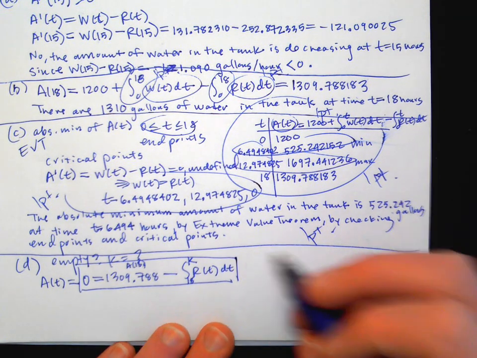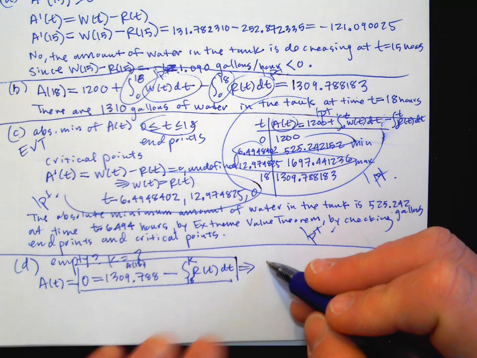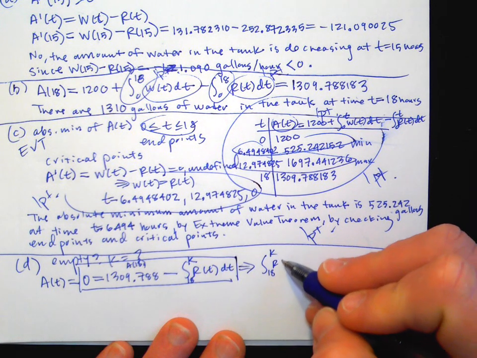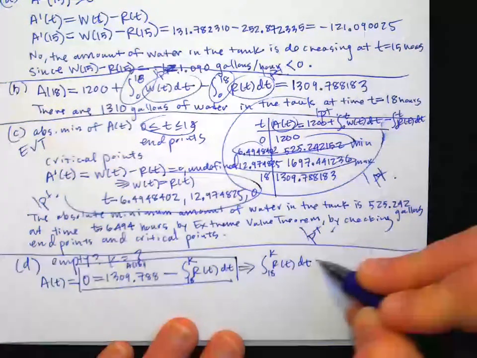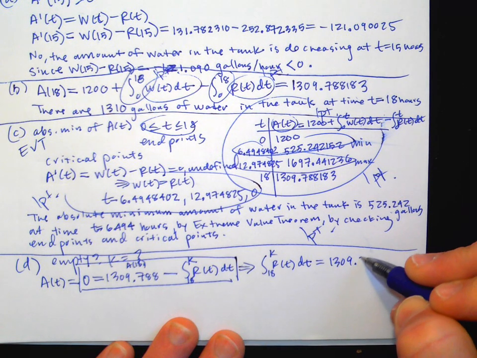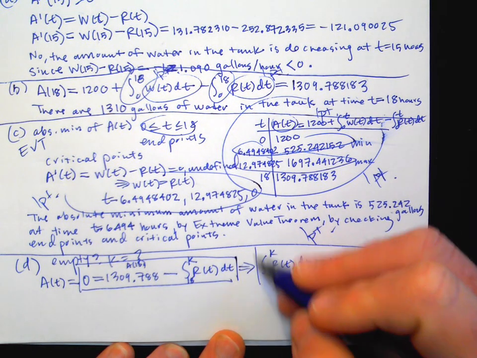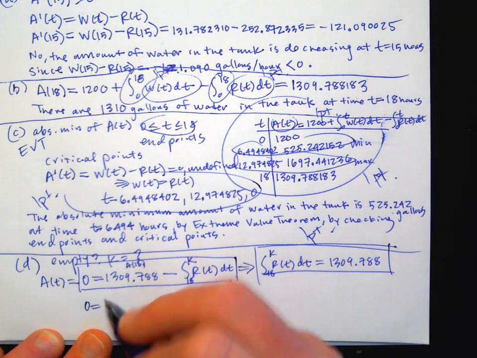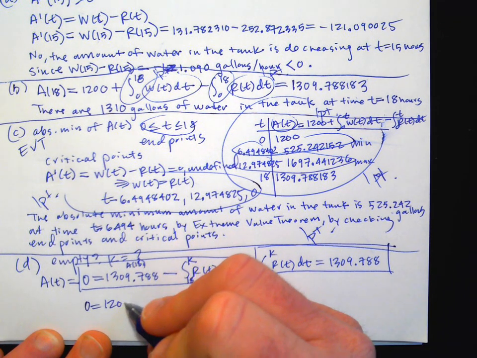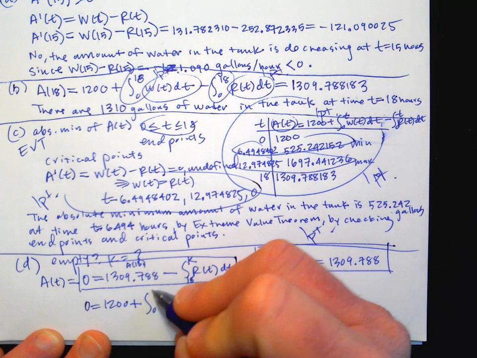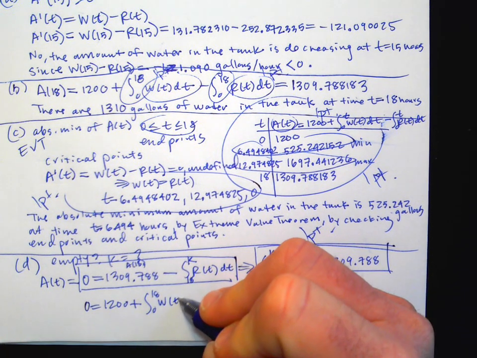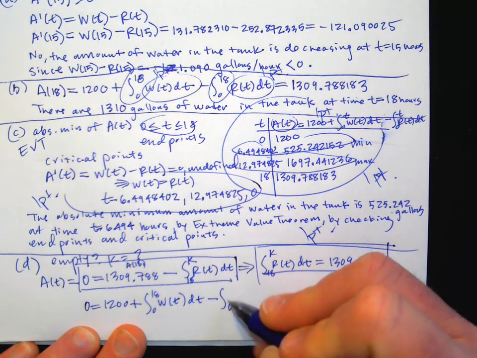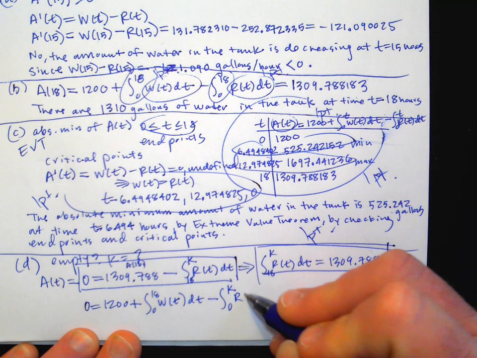You could also think of it in a different way. You could say, when does the removal equal the amount of water in the tank at time 18? Because that's when things change. So you could say 0 equals, start with the initial condition 1200, plus the integral from 0 to 18 of the pumped-in rate, but it stops at 18, minus the integral from 0 to K of the removal rate.